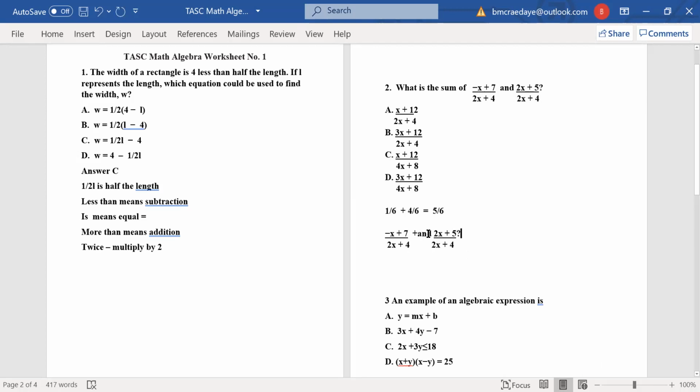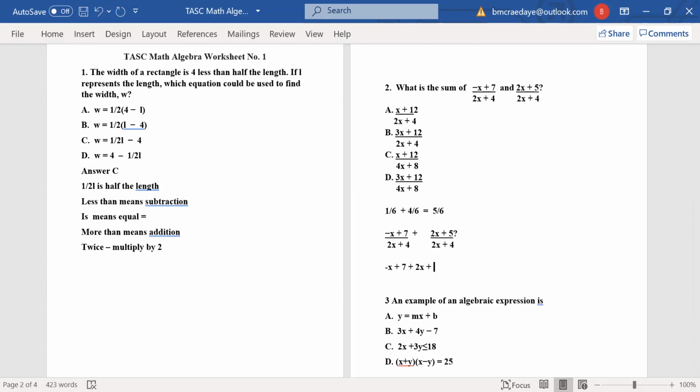So we're adding this. Now, this is the same as minus x plus 7. What do you get, Vanessa? So therefore you would have x plus 12. That's it. That's the answer.